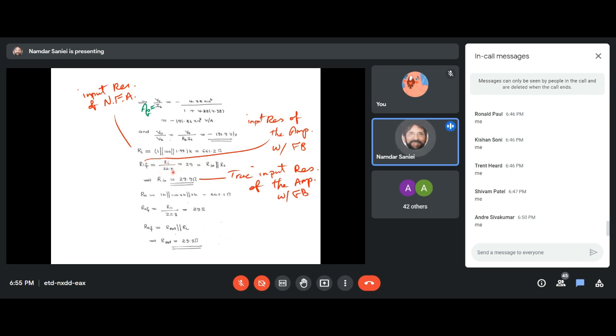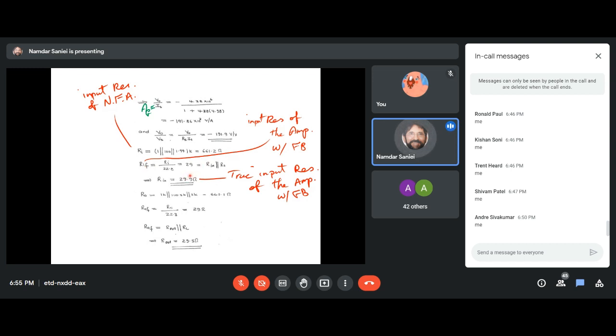And this is 1 plus A beta calculated here from here. That gives us RIS, and since the real input resistance is in parallel with RS, giving us RIS, we need to take that RS out. Therefore, our input resistance turns out to be slightly higher than RIF.